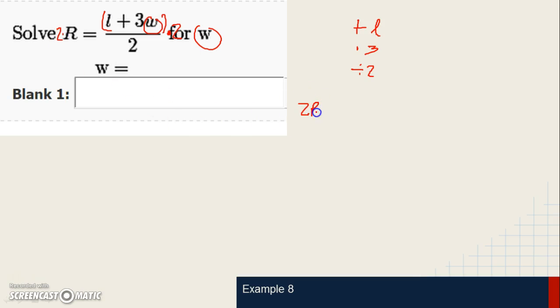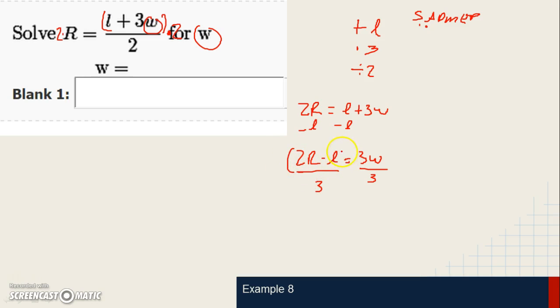And I have 2r, capital R, equals L plus 3w. Now I can use SAD map because the parentheses are gone. I can go ahead and do my addition and subtraction. Minus L, so 2r minus L equals 3w, and then I can divide by 3.